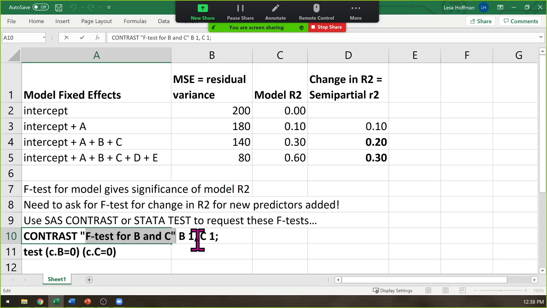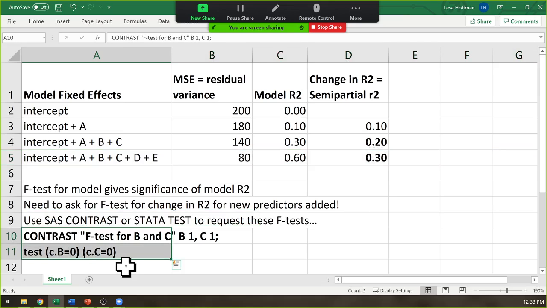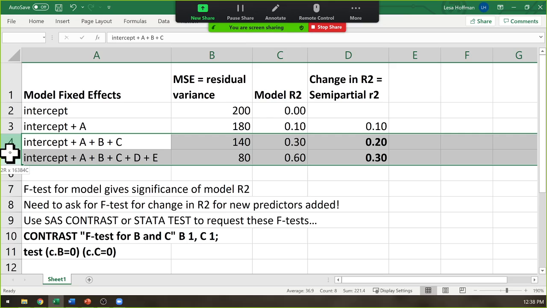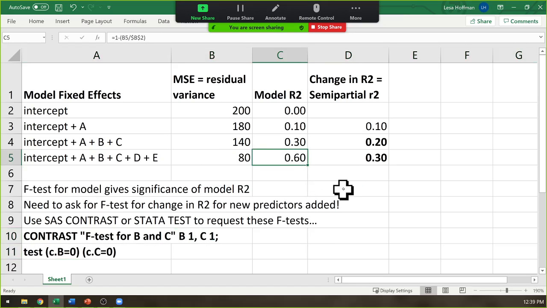You're welcome. Other questions on this topic while we're here? Okay, to do this one, I would do the exact same thing, but swap out B and C for D and E. So to go from line 4 to line 5 to test the contribution of predictors D and E, I would do another test, just swapping out B and C for D and E. You don't have to use contrast to get the test of the model R square because that's already given to you.